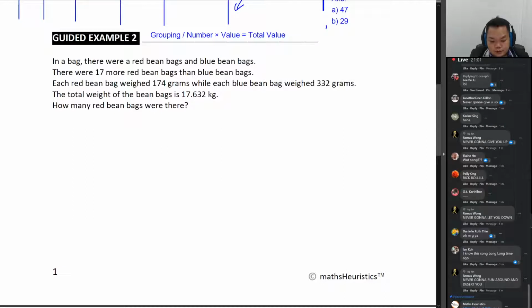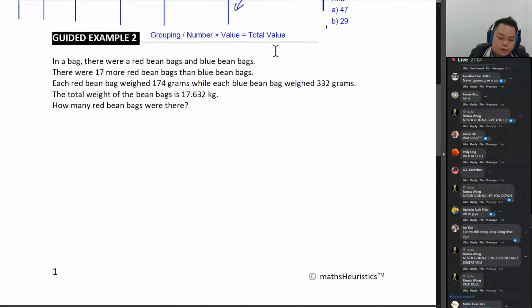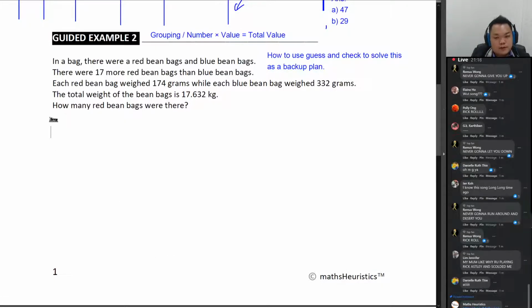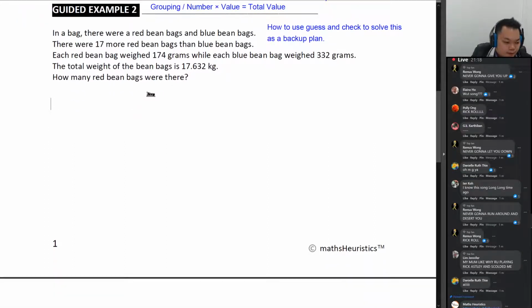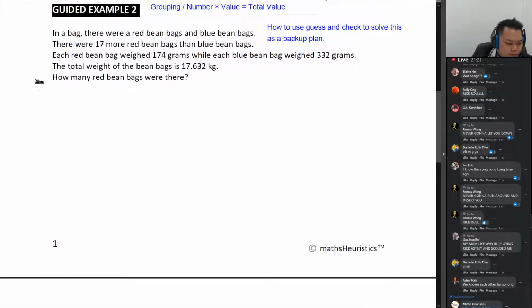But for this question I will demonstrate to you how to use guess and check to solve this as a backup plan. I'm not saying that this should be used as the first line of offense.